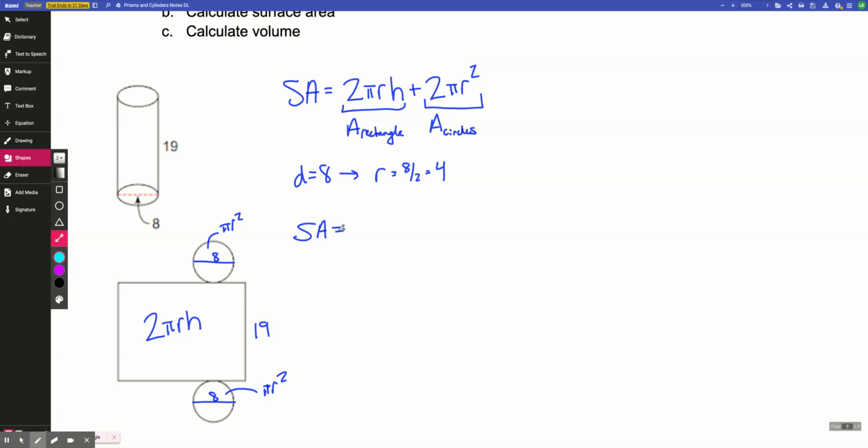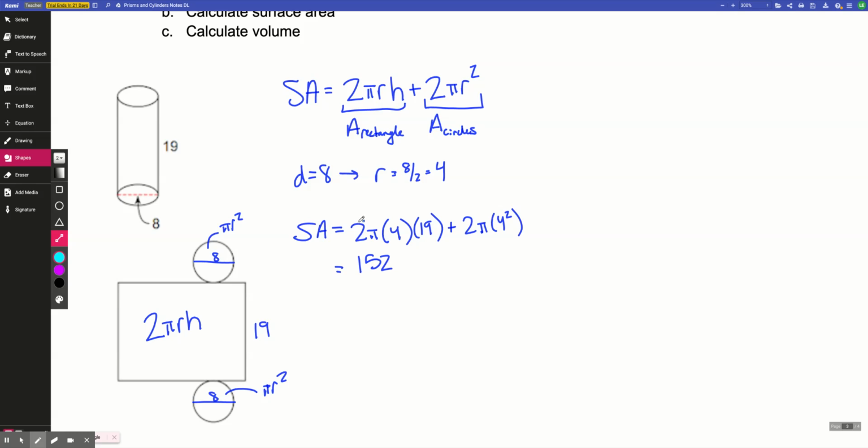So my surface area is 2 pi, my radius is 4, and the height of my cylinder is 19. That's the first part, plus 2 pi, radius is still 4, squared. Once you get to this point, you just have to do a bunch of simplifying. 2 times 4 is 8, and 8 times 19 is 152.